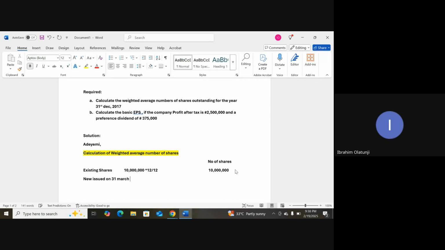My screen is visible. Is my screen visible? To me, I can't see your screen. So that's why I asked if I'm the only person. Maybe it's your network. If it's your network, you can log in.